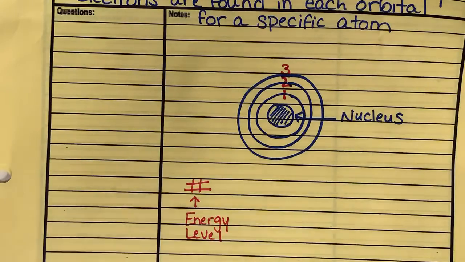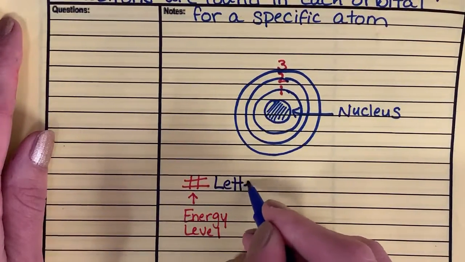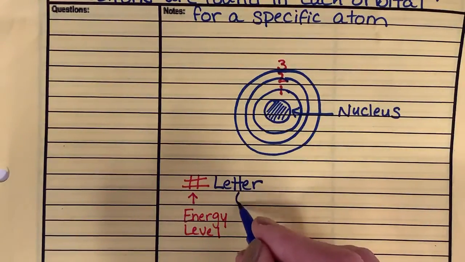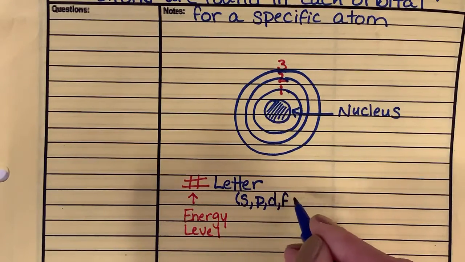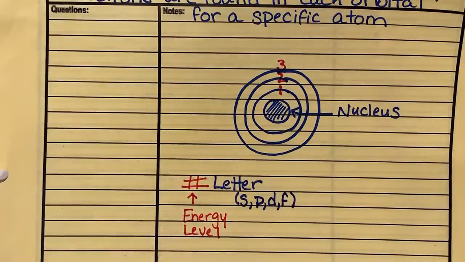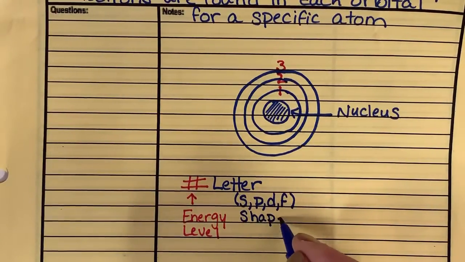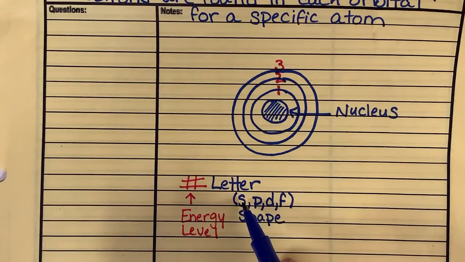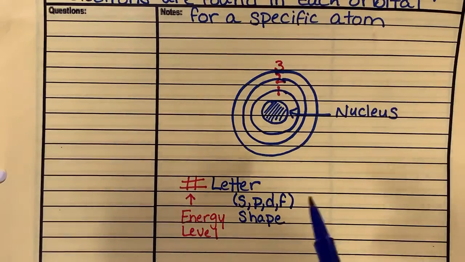After the number, I'm going to have a letter. The letter is going to be either S, P, D, or F, and that represents the shape of my electron orbital. Remember, we said that S orbitals were shaped like a sphere, P orbitals were shaped like a dumbbell, D orbitals were shaped like a 4-leaf clover, and then F were weird.